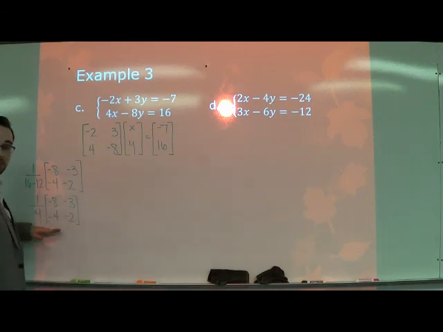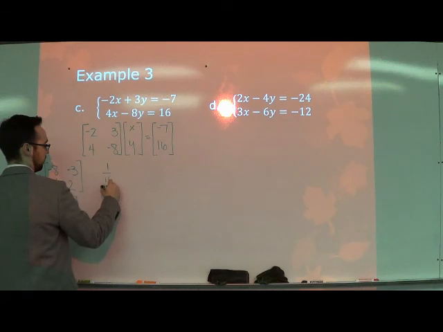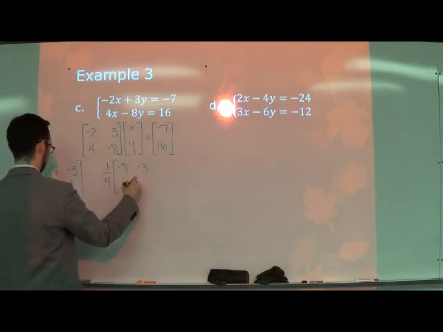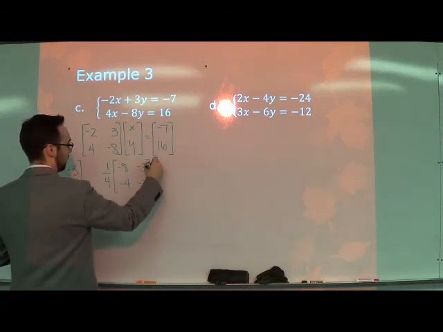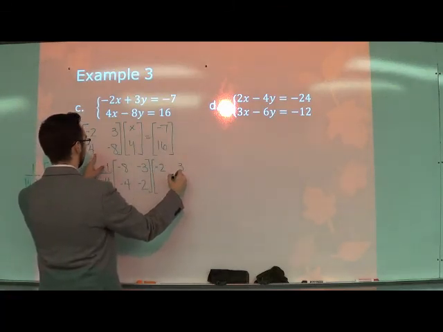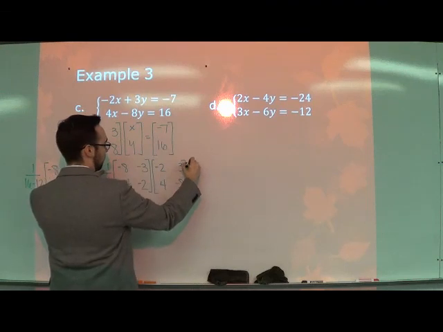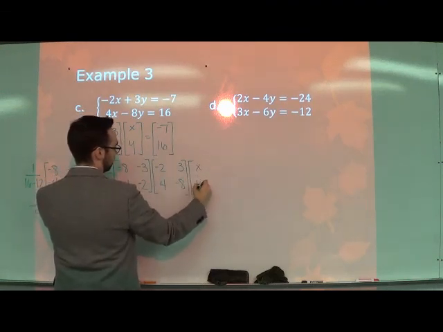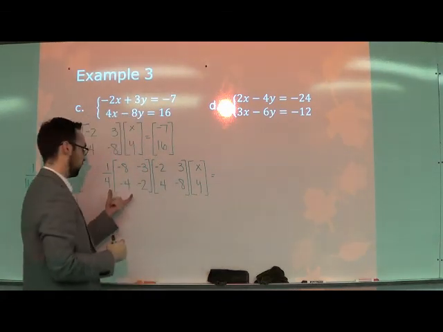Now I'm going to multiply both sides by this. Since there's an inverse, there's a solution. So we're going to have 1/4 negative 8, negative 3, negative 4, negative 2 times our regular negative 2, 3, 4, negative 8 times the x and the y is equal to the inverse again.